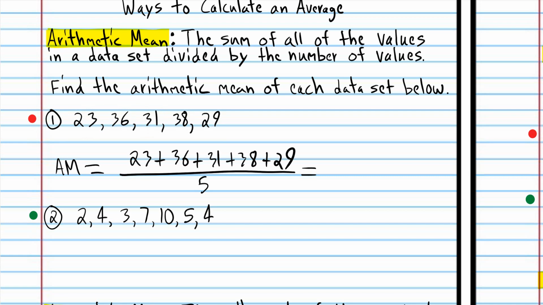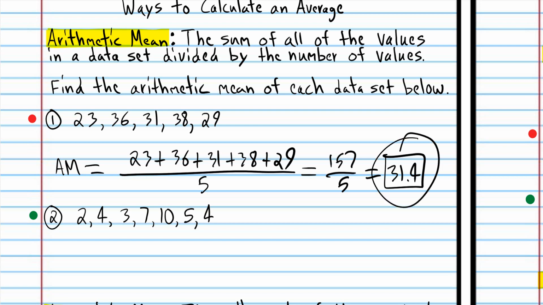And when we add up all these numbers, we get, let's see, 23 plus 36 plus 31 plus 38 plus 29 is 157. Divide that by 5, and we get 31.4.